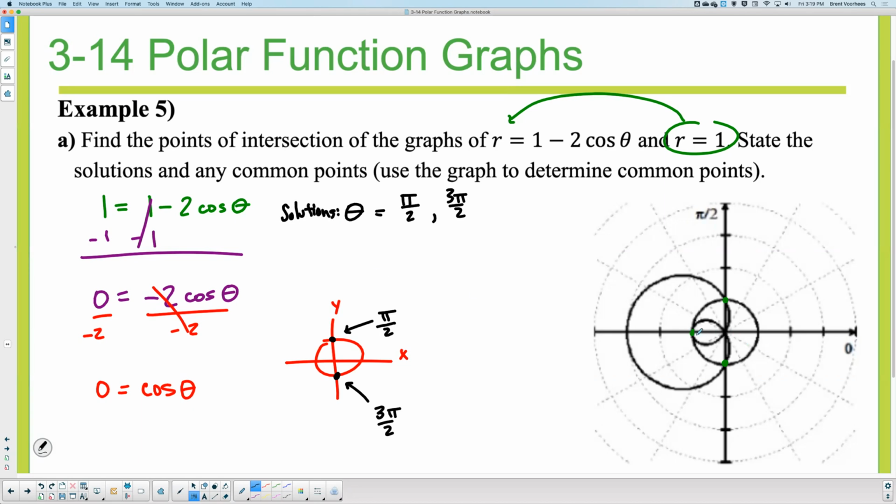We have an extra common point. This common point would be a radius of 1 at pi, an additional common point.